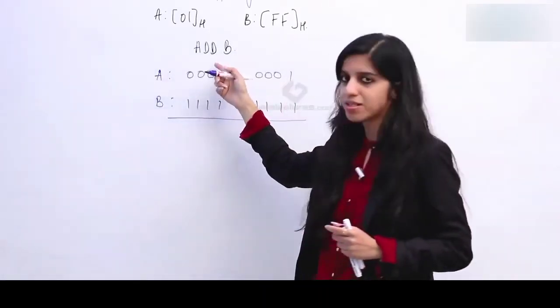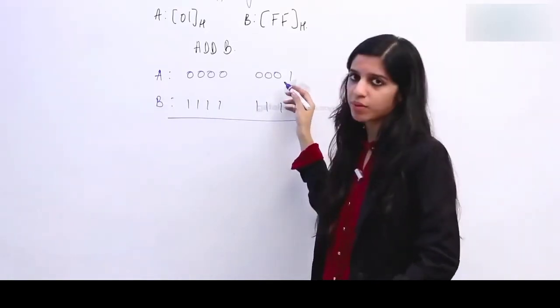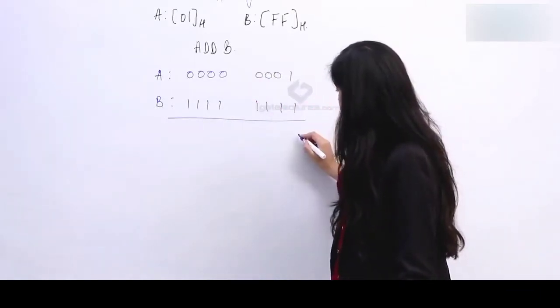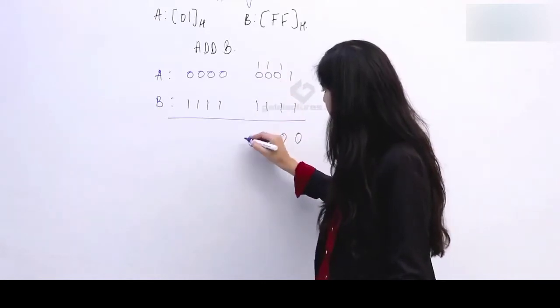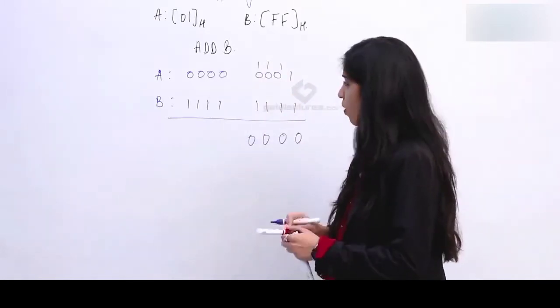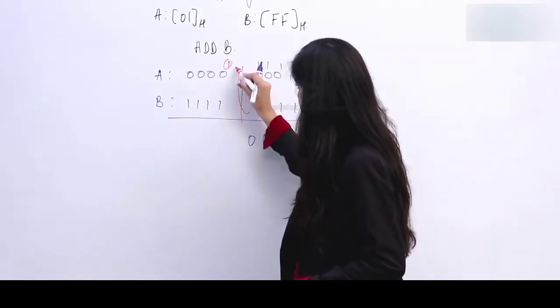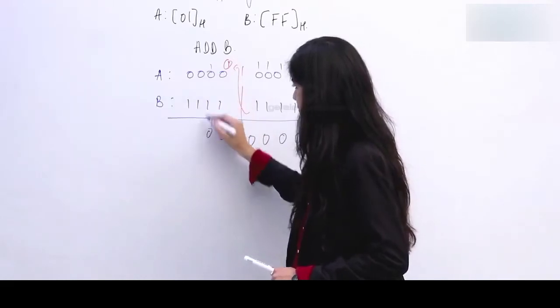See, the instruction is ADD B. So the contents of B are going to be added to the contents of the accumulator, and the result is going to be stored finally in the accumulator. So when I add 1 and 1, this is going to be 0, 0, 0. So we've got an auxiliary carry, but again 0.